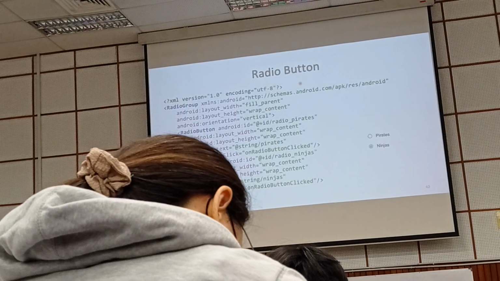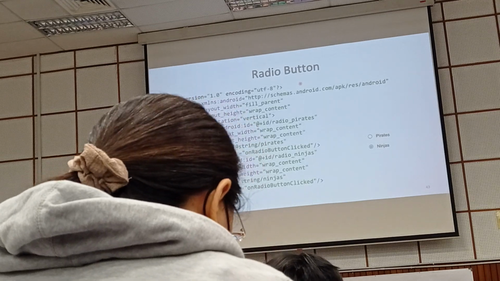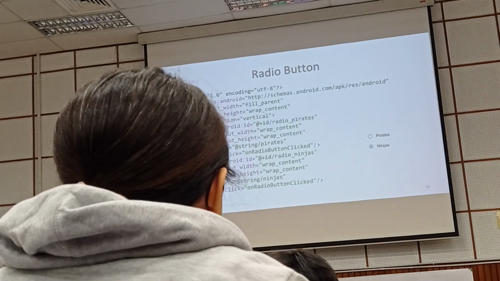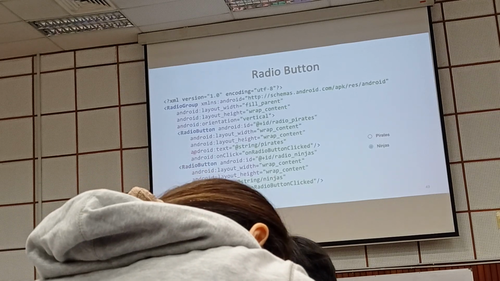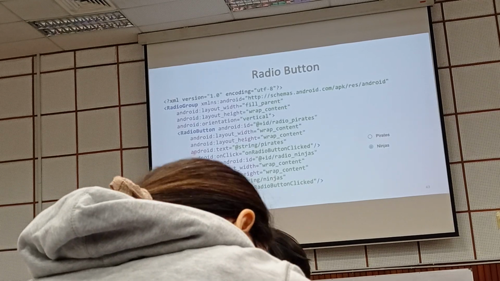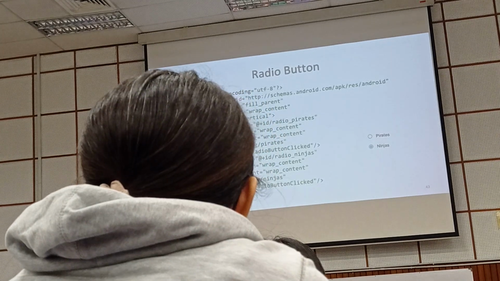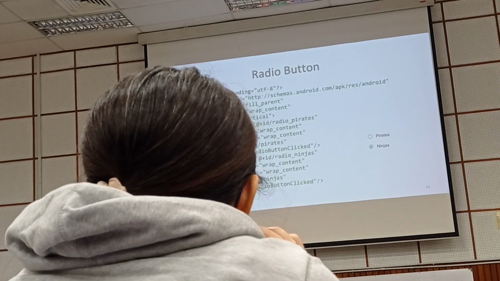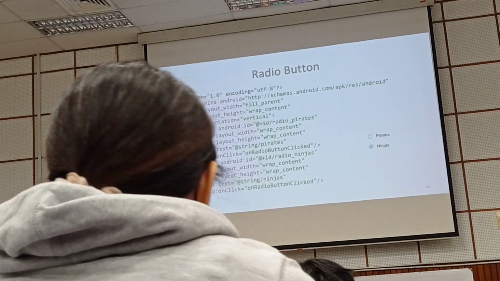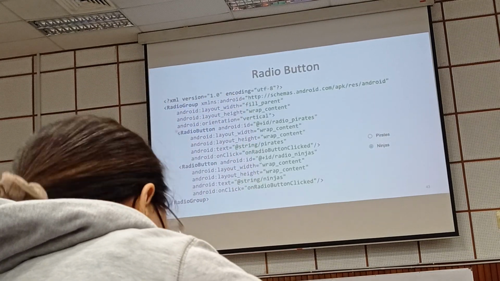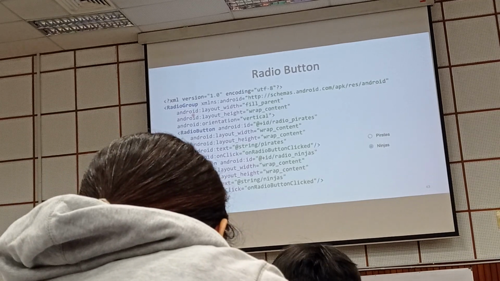The next one is radio button. Nothing special about it. I only want to tell you, radio buttons are for putting a group of mutually exclusive items in a list. Among these radio buttons, you can only pick one at a time. So in order for them to behave as a group, you must put them in a radio group. That's it.